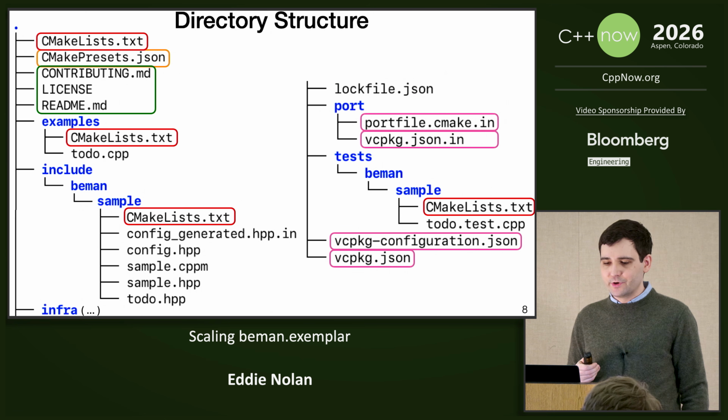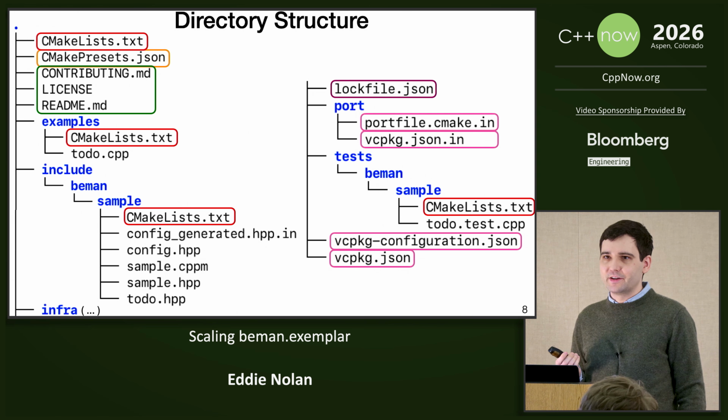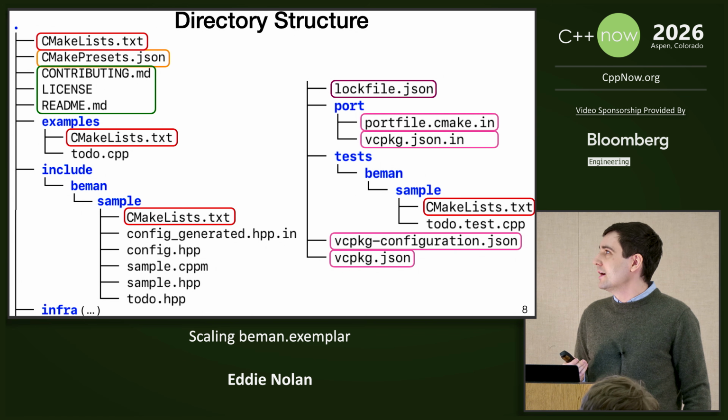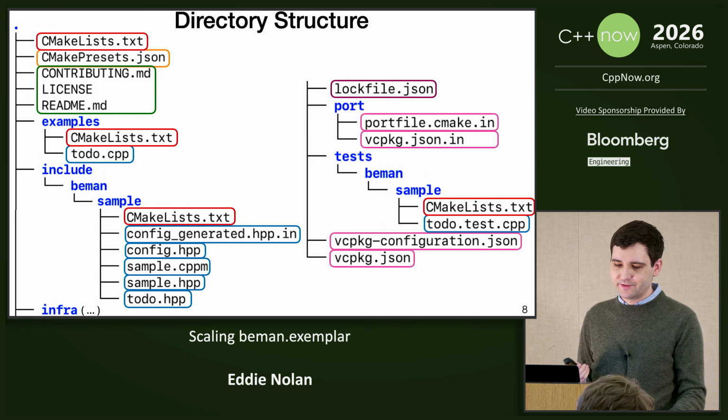We'll get into what the contents of these look like later, but they're to support our VC packaging infrastructure. We also have this lockfile.json file, and that is intended for the fetch content-based packaging workflow, which we'll start talking about soon. And then, of course, we have the actual C++ files themselves.